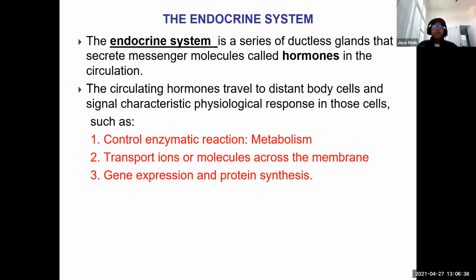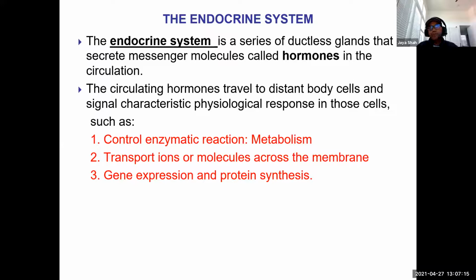So whatever they produce, they send to the nearby capillaries, to the blood vessels, and then the blood vessel carries it all over the body, and then it will bind with the receptors on the cells, and those cells are called target cells. And the receptors are specific receptors. That means a certain hormone can bind only with a certain kind of receptor. That's why hormones act only on target cells.